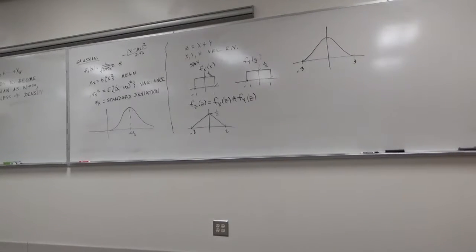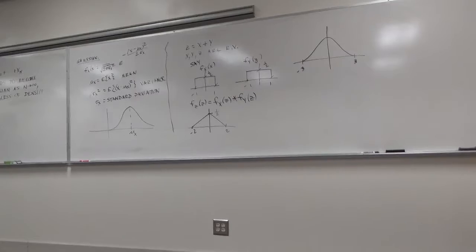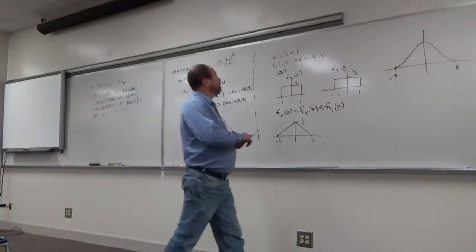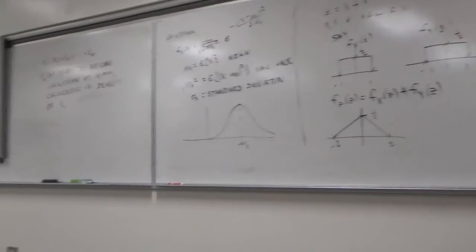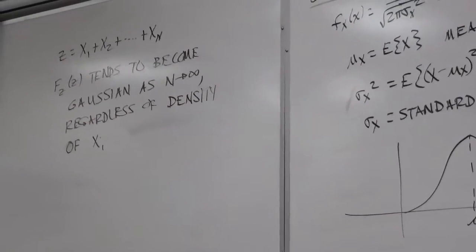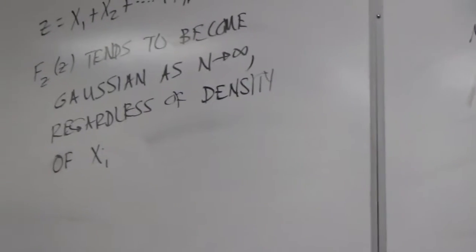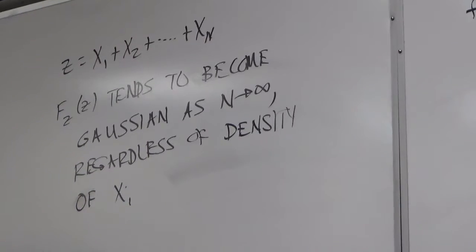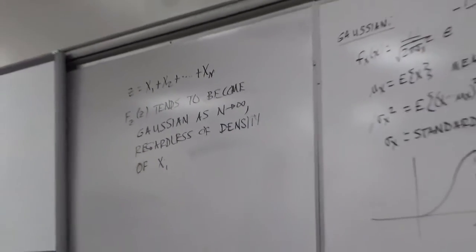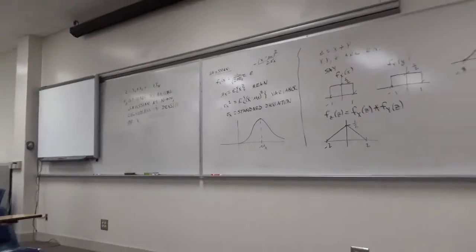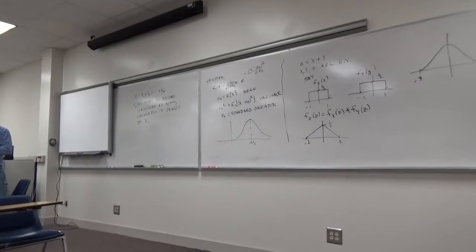Capital F would be the distribution function. Lowercase f, it turns out, no, it's not. So that kind of looks Gaussian, and so if I integrate it, it'll look like the integral of that. But the actual density function, mathematically it looks Gaussian, but it's not. But the distribution function will become Gaussian as n gets real big.